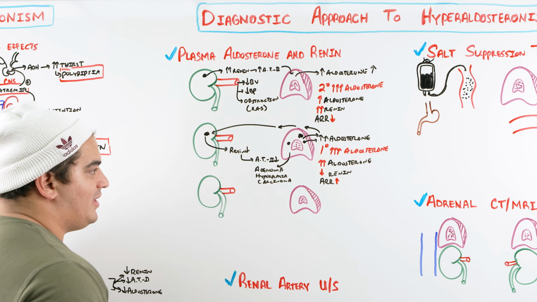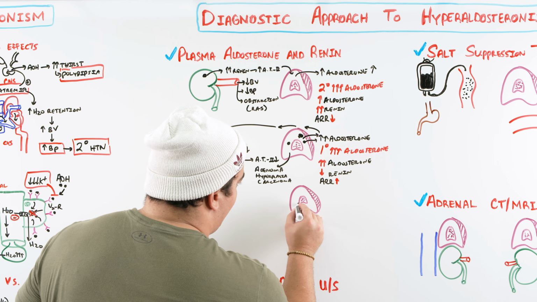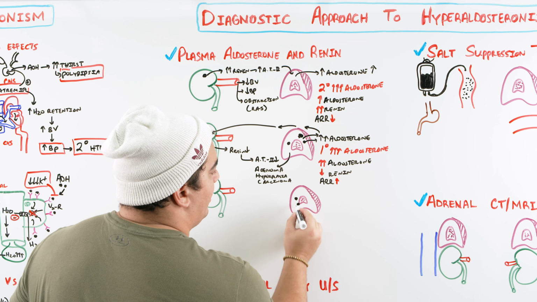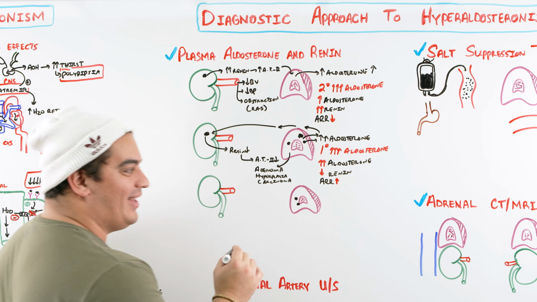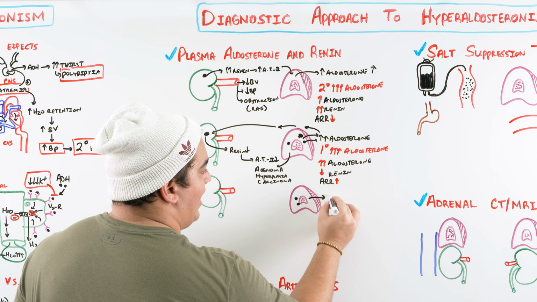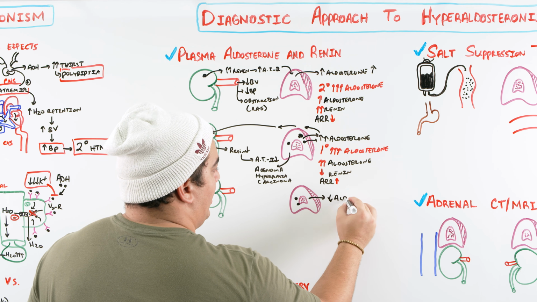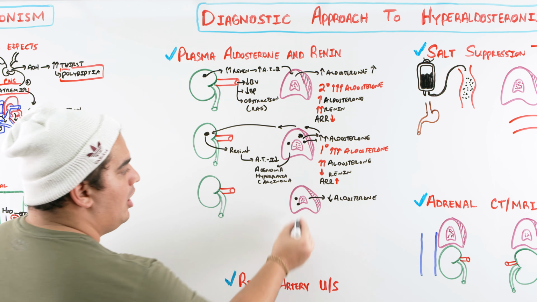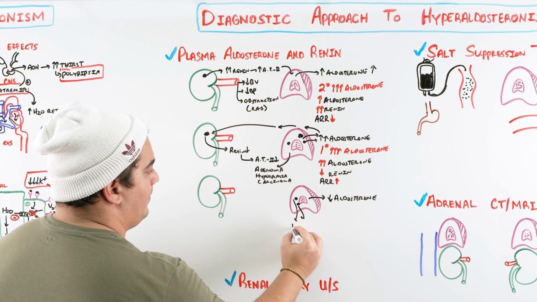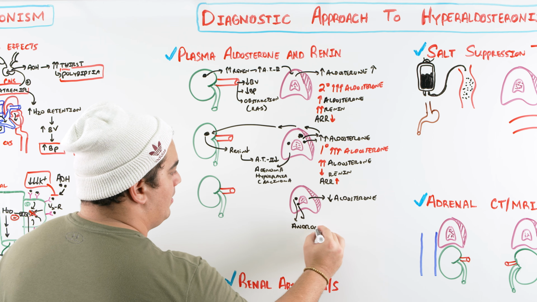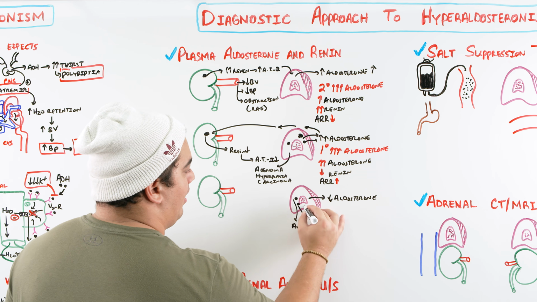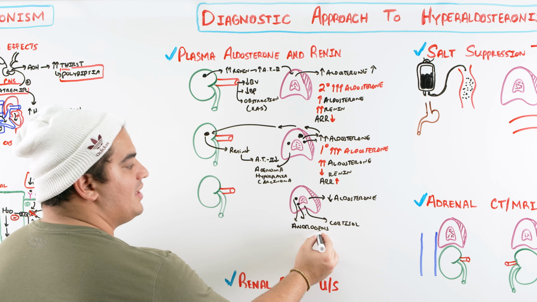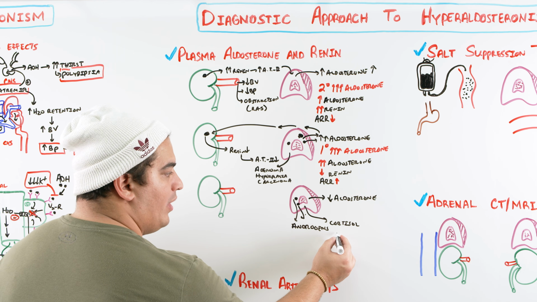The last particular situation here is that the zona reticularis, or the zona fasciculata, is pumping out things that are not related to aldosterone. So the aldosterone levels are actually kind of low, right? In this situation, they're not pumping out very high aldosterone levels, but they are pumping out things like androgens, and things like cortisol, which have properties similar to mineralocorticoids.